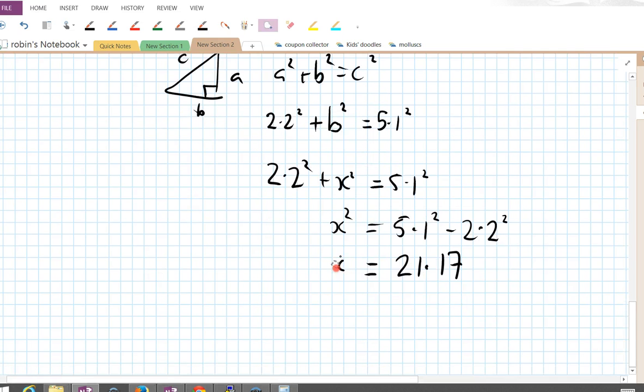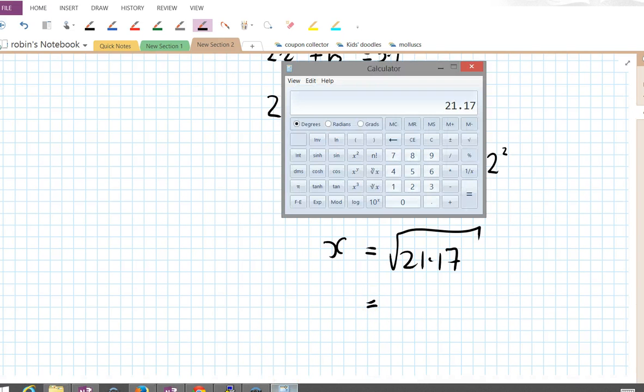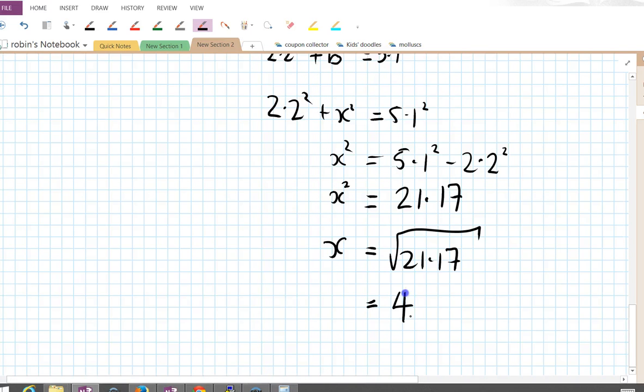So X squared is 21.17. So X equals the square root of 21.17 equals, well, let's figure that out. Square root. You see, I've already got the number up there already. Square root comes out to be this, 4.6 more or less.